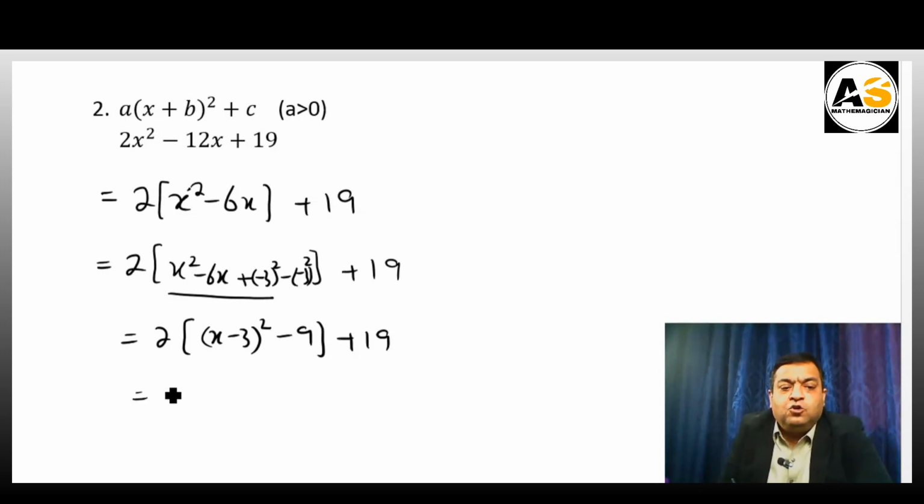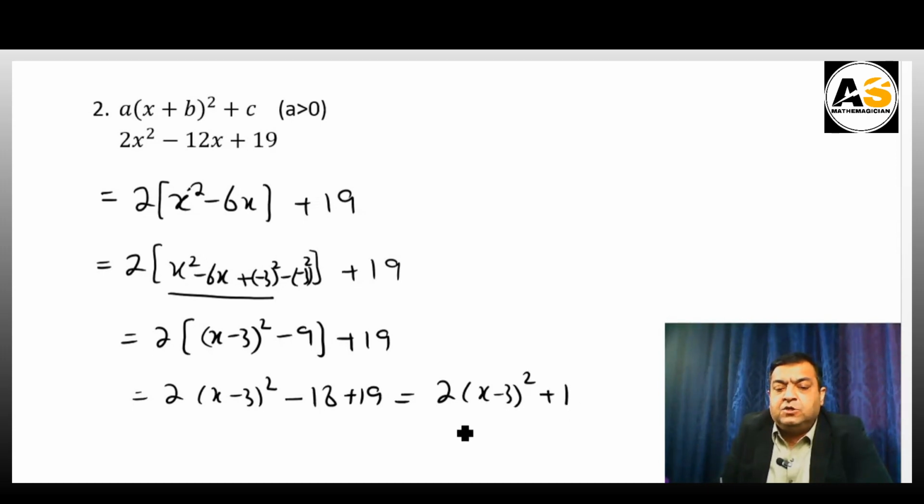And by doing so, we will ultimately get 2 times x minus 3 whole square minus 18 plus 19, which will be 2 times x minus 3 whole square plus 1. So what is the vertex then? It is at x is equal to 3 and its value will be 1. So minimum value of the quadratic expression will be 1 at x is equal to 3.